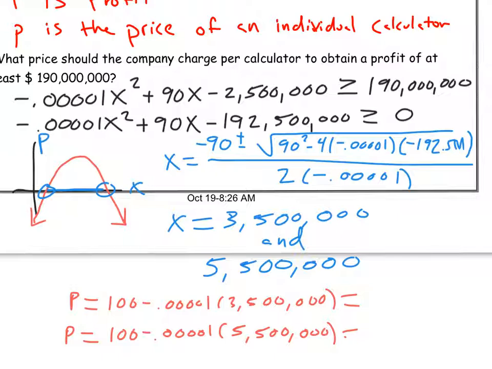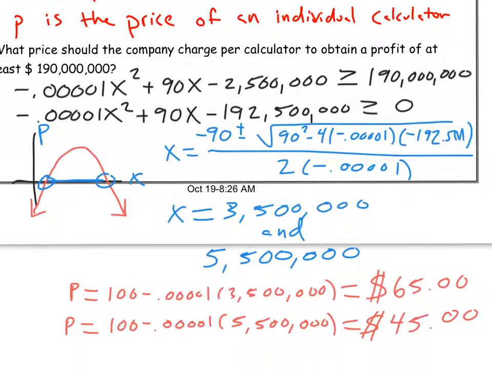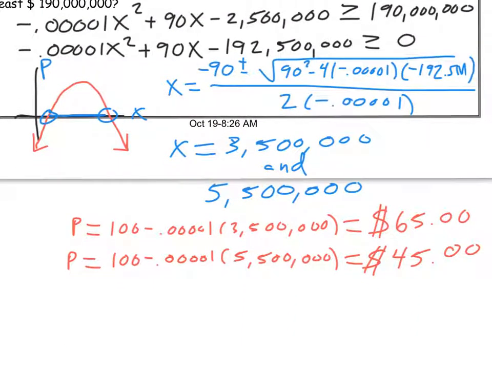You can see right here, to sell 3.5 million, they should think about asking $65 for a calculator. This one's going to be a little bit lower if they're going to sell 5.5 million. Okay, so in the end, we would get an interval as an answer, and the way I'd want to write that would be, again, this is little p, and this is the final thing the question was asking for.